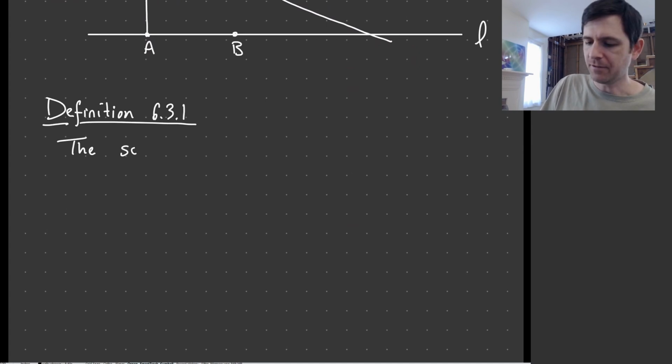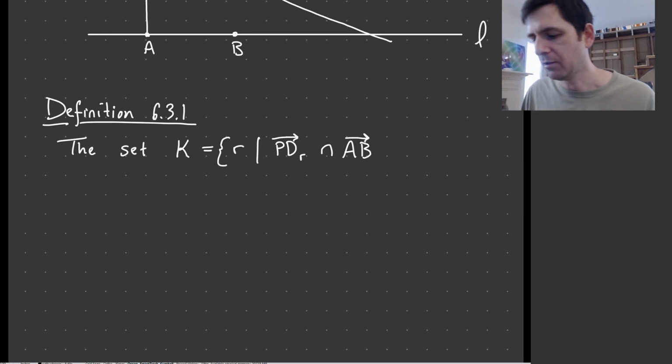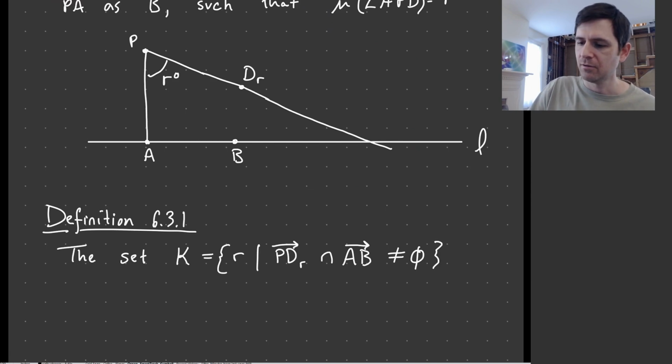And this defines the set, which we'll call K, which is the set of R such that the ray PD_R intersect the ray AB, which is part of the line L, is not empty. So these are all of the angles for which this construction gives an intersection here.